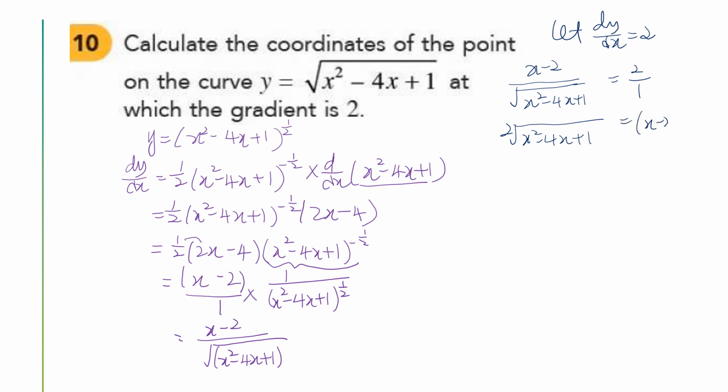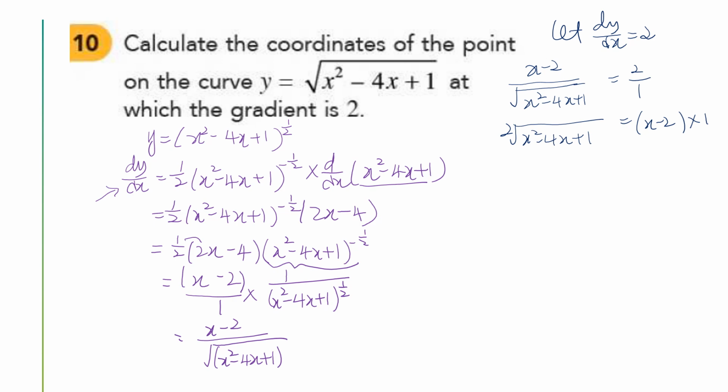Alright, and we're going to do x minus 2 times 1, which is basically x minus 2. Right, so we're going to square both sides. Square both sides, we'll get rid of the square root. But be careful when you square an equation, right? You will be introducing some values that are erroneous. When you square something, you'll be introducing some values that may not fit into your original function, which is your dy dx.